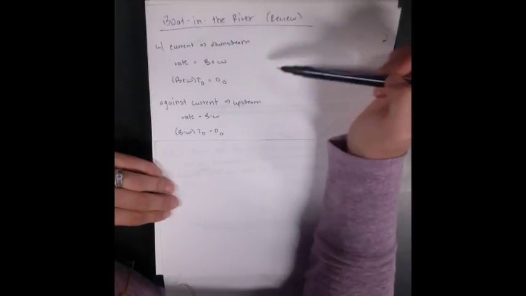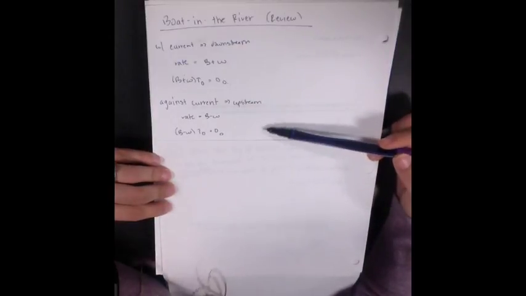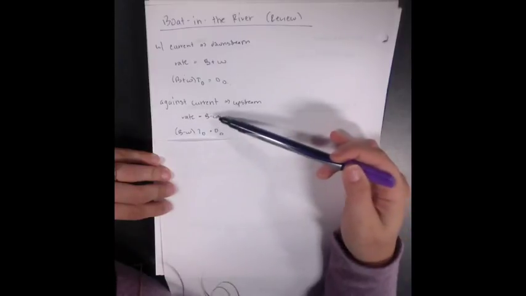Those are all the different kinds that we had. In our distance problem, we have rate times time of downstream equals distance of downstream. For against the current or upstream or against the wind, our rate is B minus W.